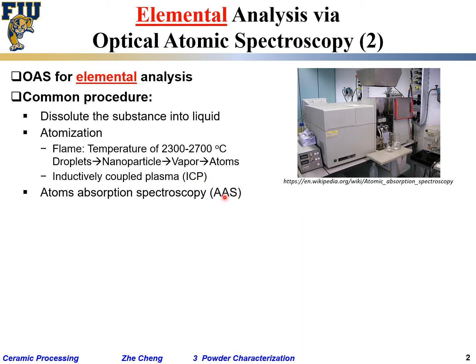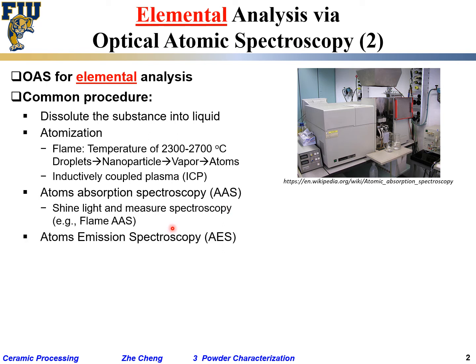You can use absorption spectroscopy, which means you shine light and measure the light on the other side. Atomic absorption spectroscopy, flame AAS. Or you can measure emission: you do not shine light, you just burn it with flame and it will emit light, and you measure the emitted light intensity.